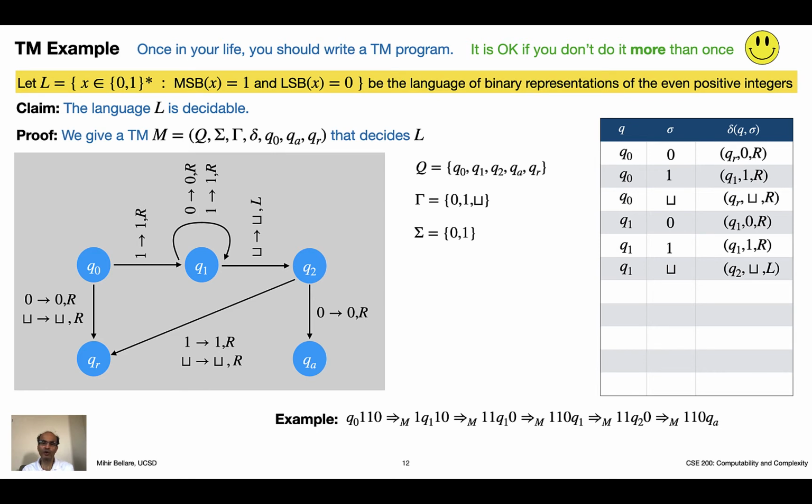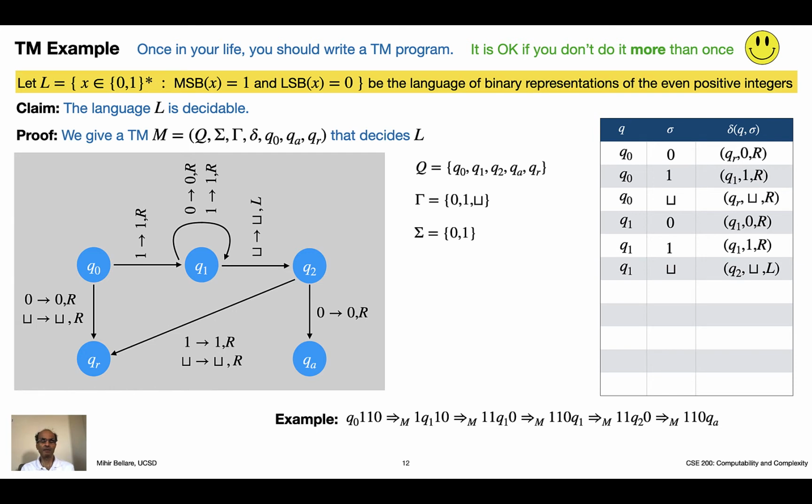If you don't do it more often than that, it's fine. We'll do it for a really simple language, which is the one we've seen many times, the set of all binary strings whose most significant bit is 1 and whose least significant bit is 0. So numerically, think of it as the binary representations of even numbers which are strictly more than 0.